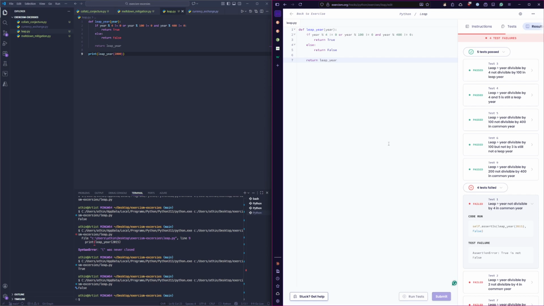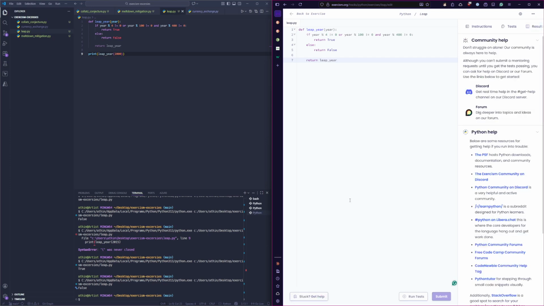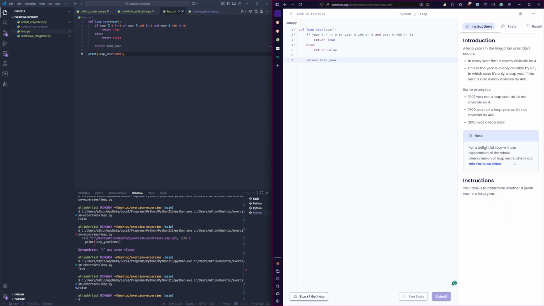Oh. Alright, leap. This is booleans. Yeah, let me get some help. Oh, never mind. In every year that is evenly divisible by 4, unless the year is evenly divisible by 100, in which case it's only a leap year if the year is also evenly divisible by 400.